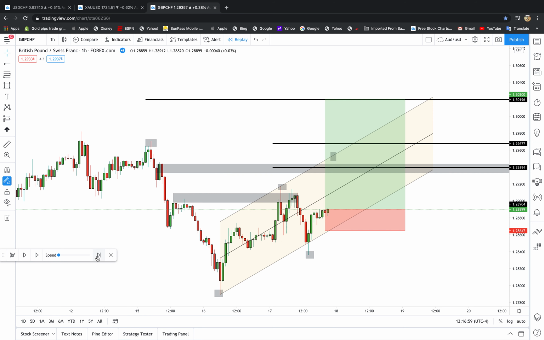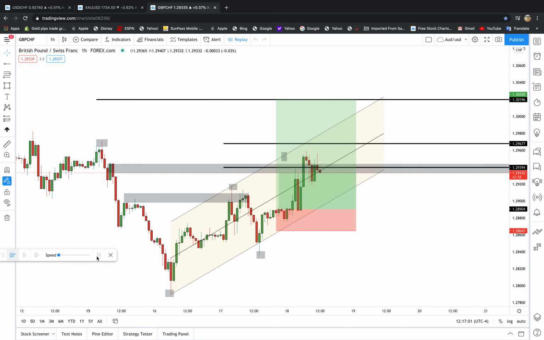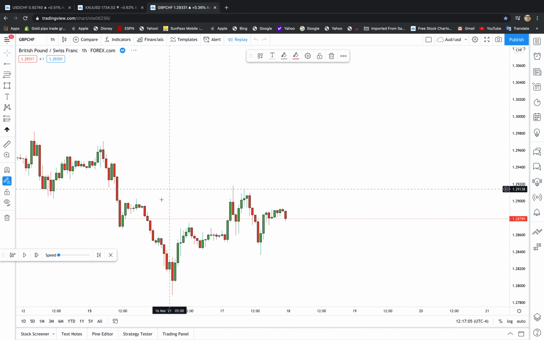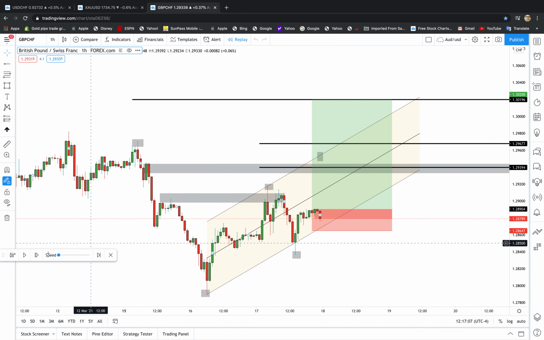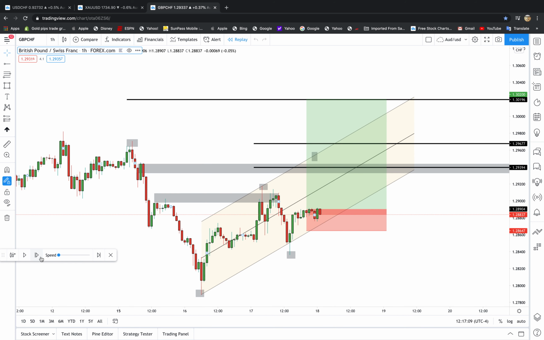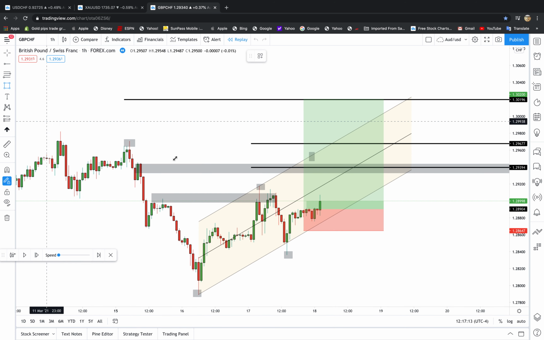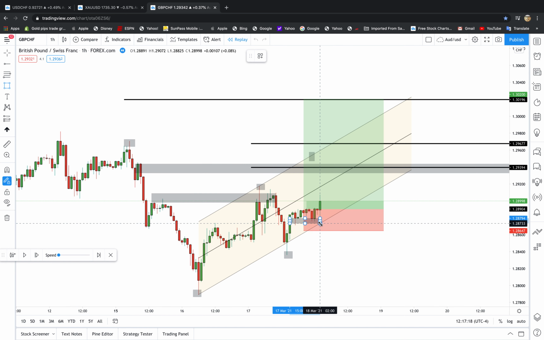So if we play it now, well, let me go back. I didn't know that I was going to do that. All right, so we're here. Price respects this demand area for buys.